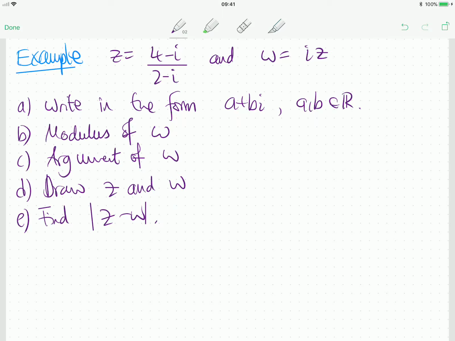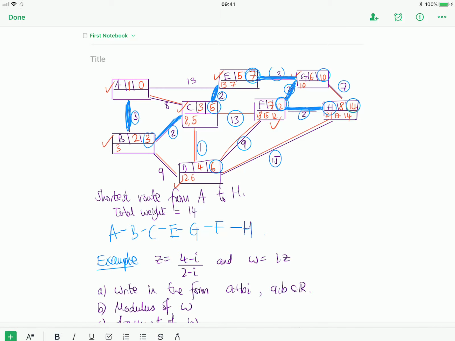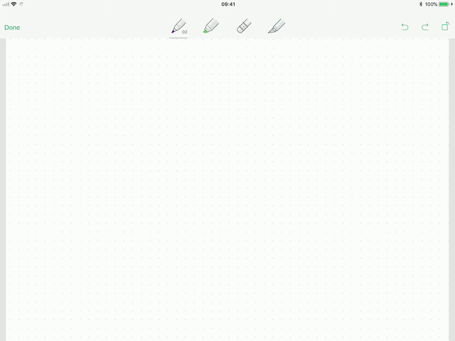Okay, so I'm going to take a look at each of these pieces. So let's start with a clean page. Let's do part A, which is writing them in the usual form. So if z is a fraction of complex numbers, how do we write this in the usual form?